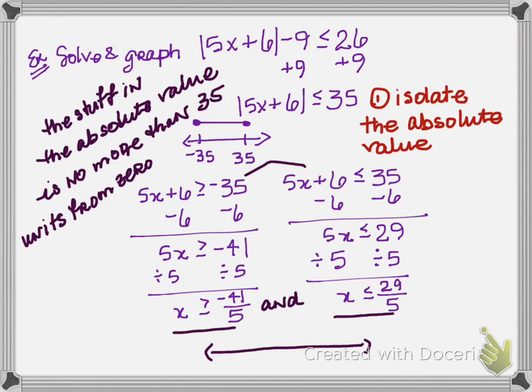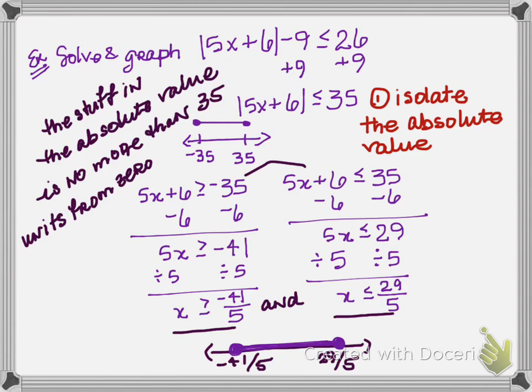See how easy that is? It has to be somewhere between negative 41 over 5 and 29 over 5. And we have closed dots. And you have to make sure you color loudly enough for me to be able to see it.